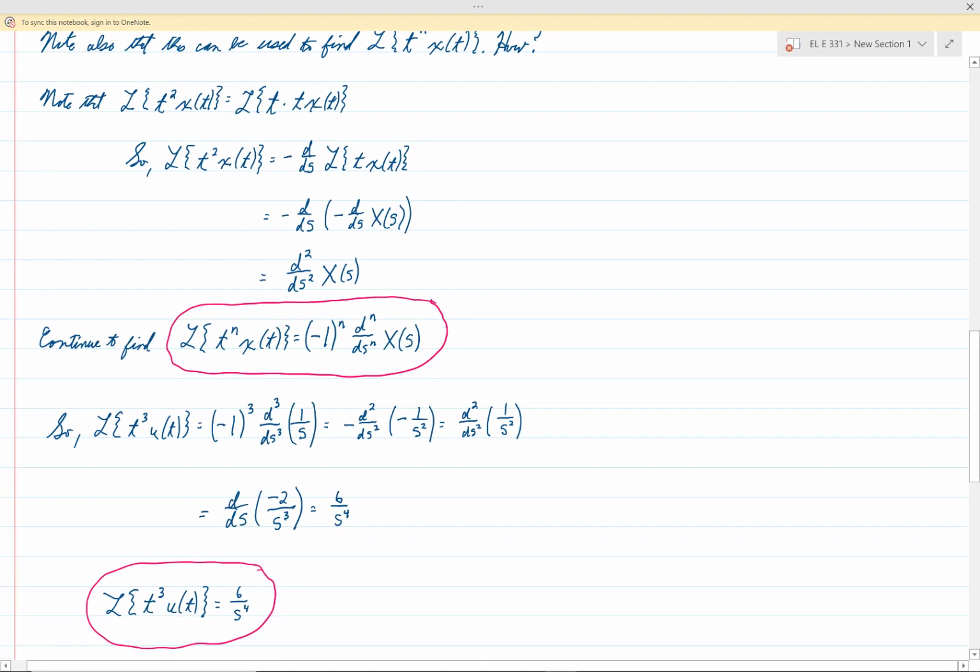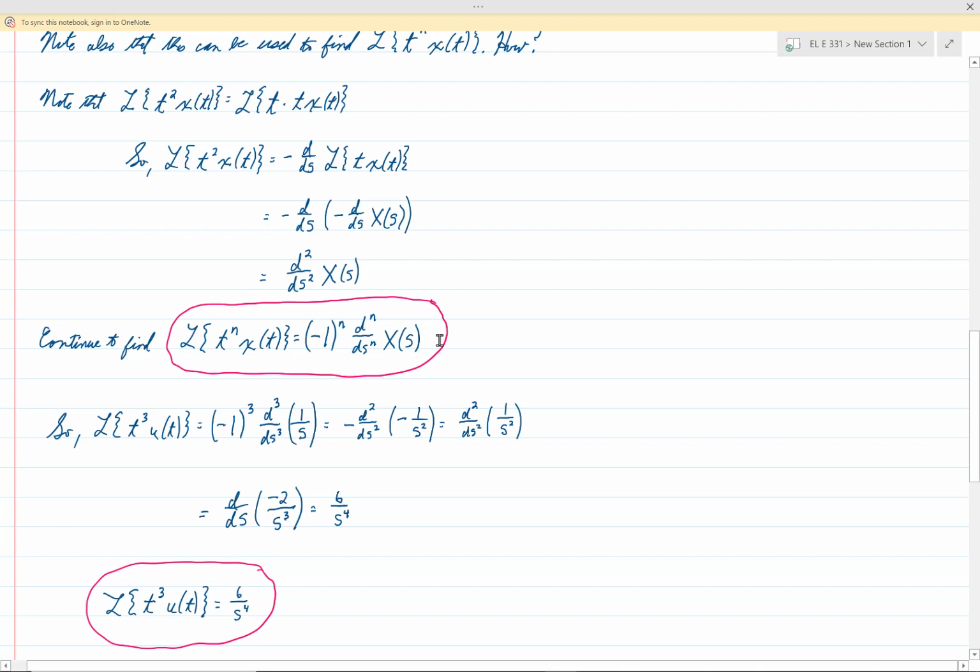So it ends up giving us this formula right here, which is not in either of your tables, but which I think would be very handy for you to have. It says that the Laplace transform of t to the n x of t is equal to minus 1 to the n times the nth derivative with respect to s of X of s.